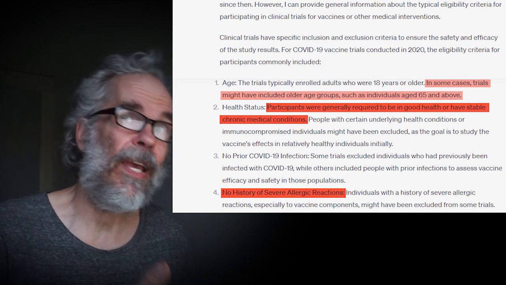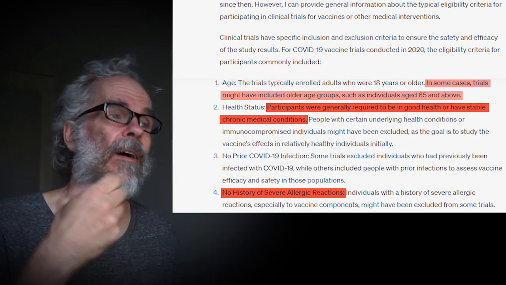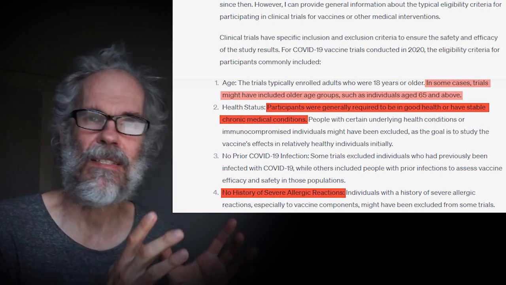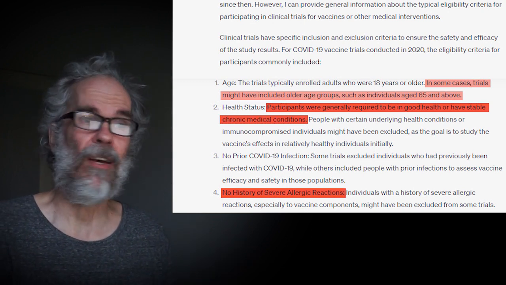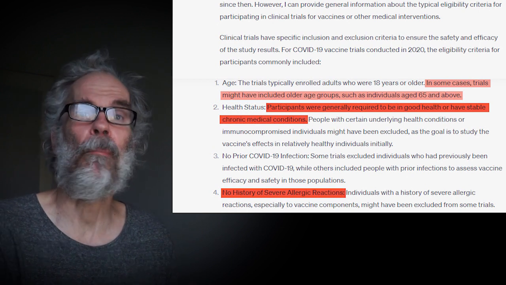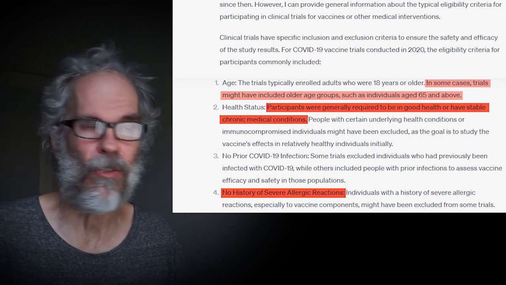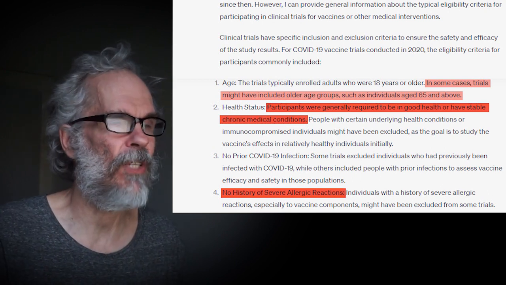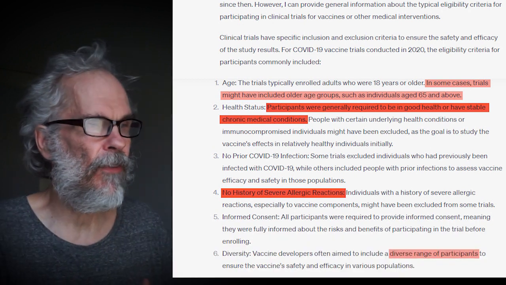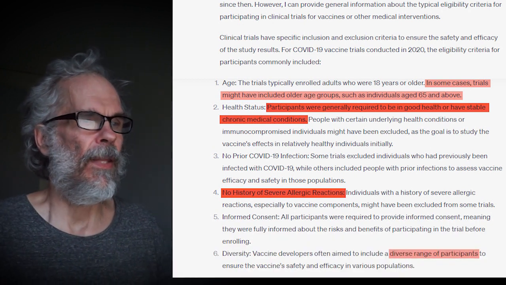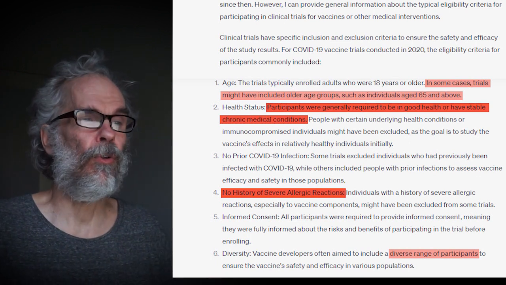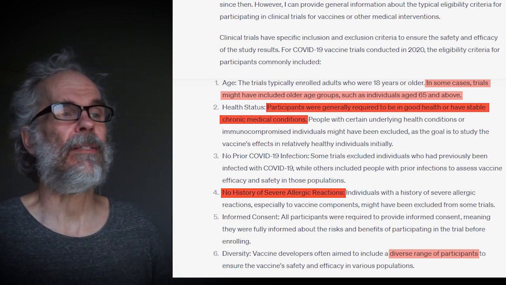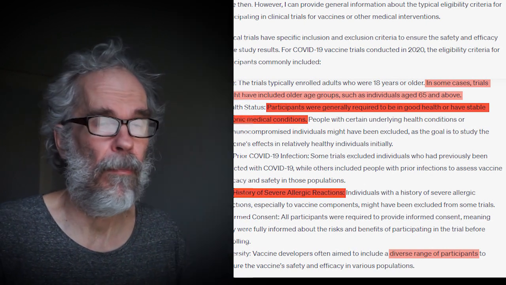So, isn't it again clearly less likely for the test subjects to have serious allergic reactions compared to the general public, because they have no history of severe allergic reactions. And then the final point is diversity, that the trials aim to include a diverse range of participants, providing that the other points were met.